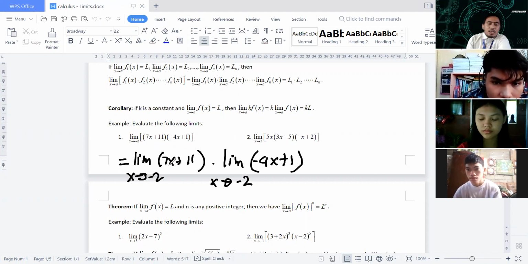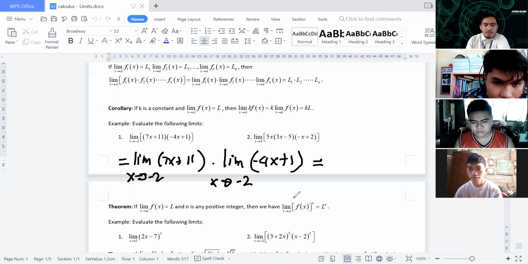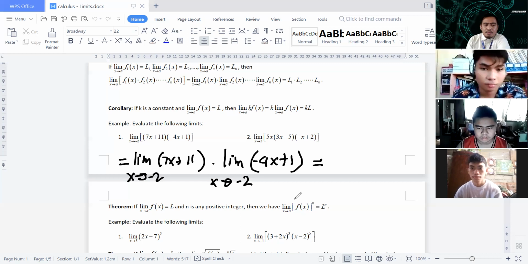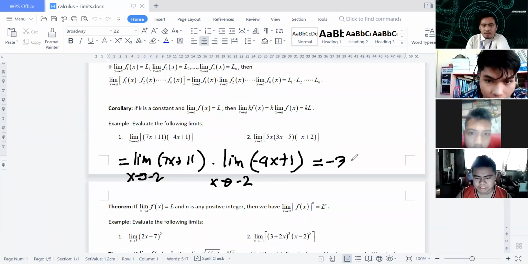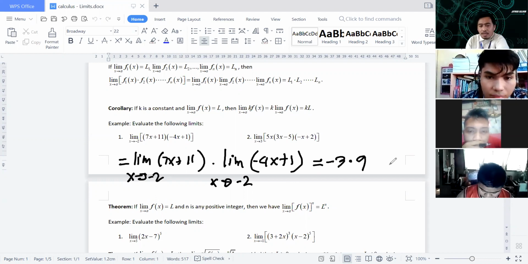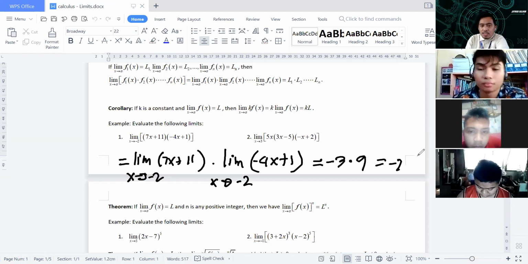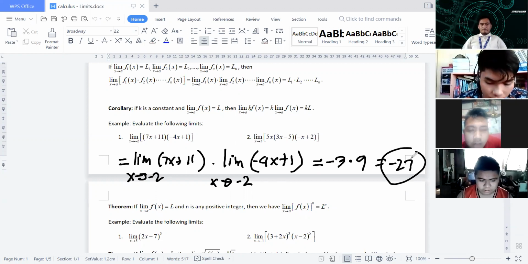If we solve this one, negative 3, because it will be negative 14 plus 11, right? How about here? 9. Because negative 2 times negative 4 is positive 8 plus 1, it's 9. So your answer here must be negative 27, right? Yes, sir. Okay.